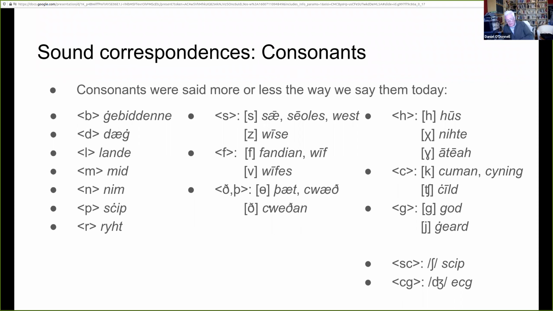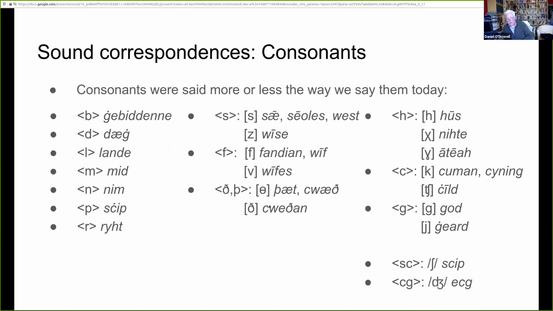So in the bottom one, the thorn and the eth, you've got voiceless, fæþ and cwæþ, and you've got voiced, cweþan. And the only distinction, these are not phonemic in Old English, it's entirely conditioned by position. The difference is at the beginning or end of a word, it's voiceless. And in the middle between vowels, for example, or beside other voiced sounds, it's voiced.